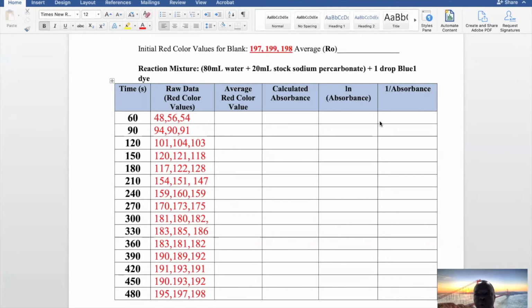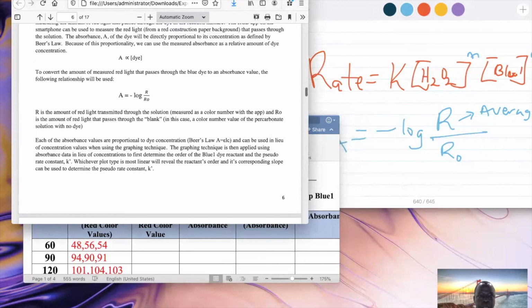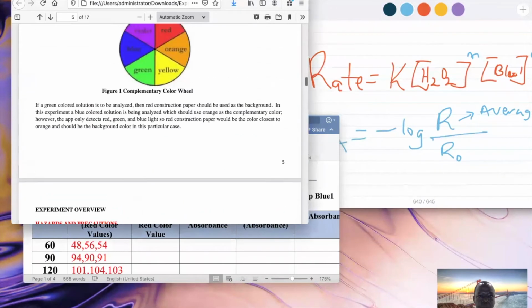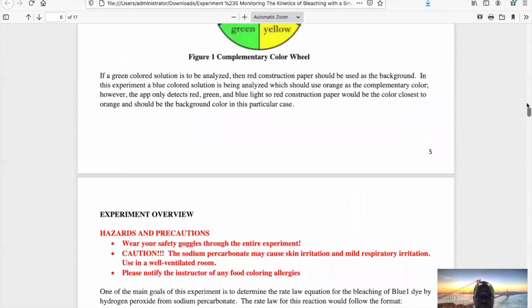You will only have to determine whether it is first order or second order based on the graphs you expect when you plot the data. This is what you will do with the data and compare with your values.